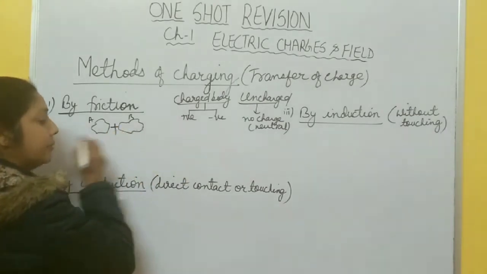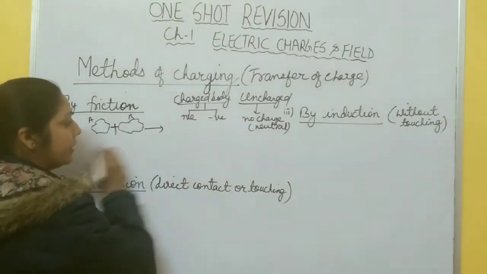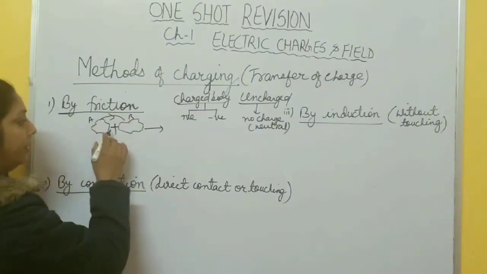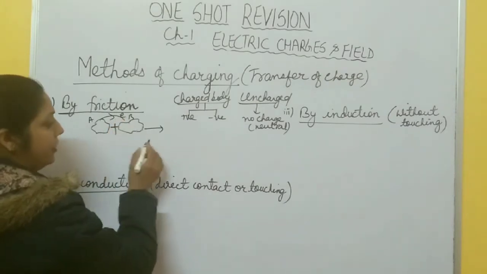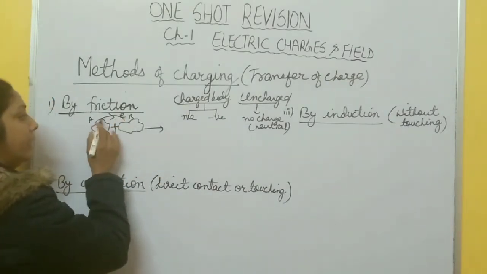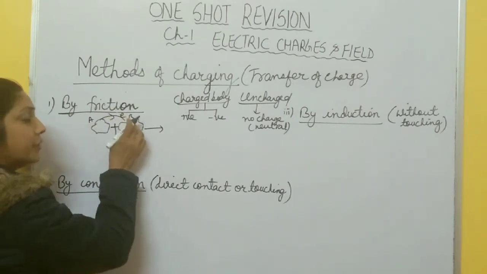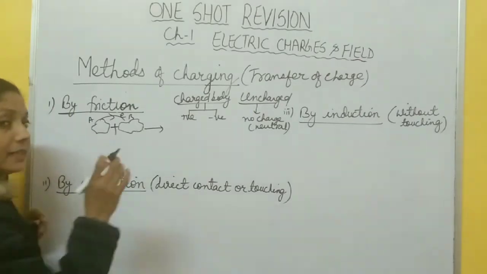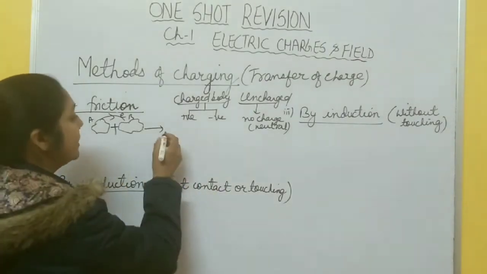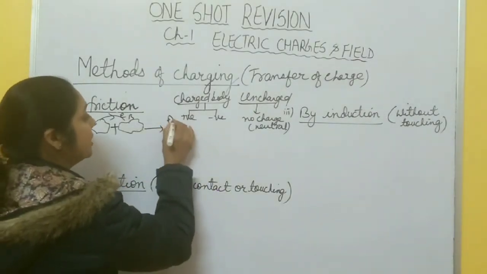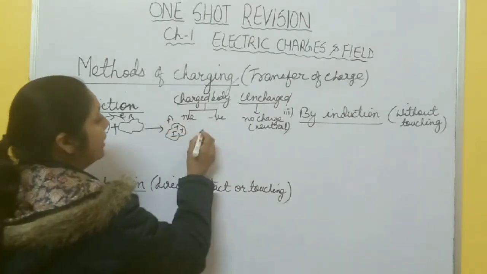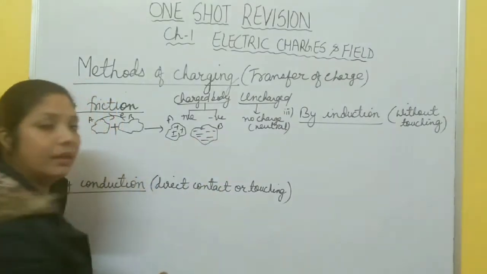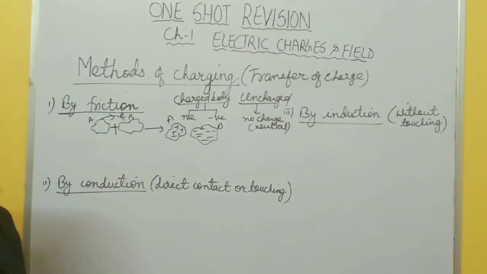Now, by rubbing, heat is generated and electrons transfer from body A to body B. So body B has more electrons and body A has fewer electrons. It means A becomes positively charged, right? And B becomes negatively charged. In this way, a body can be charged by friction method.